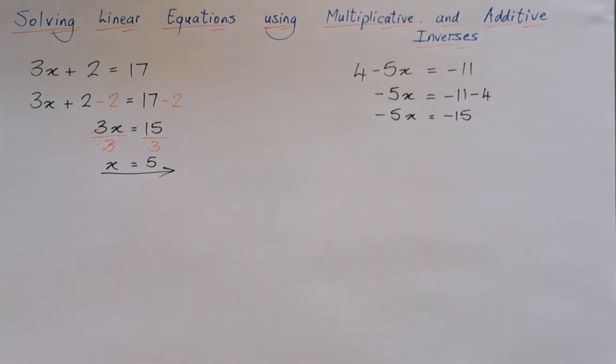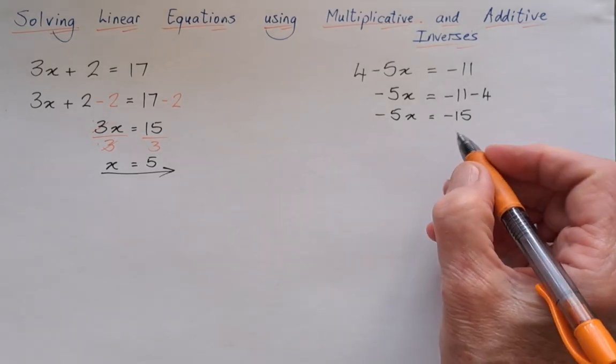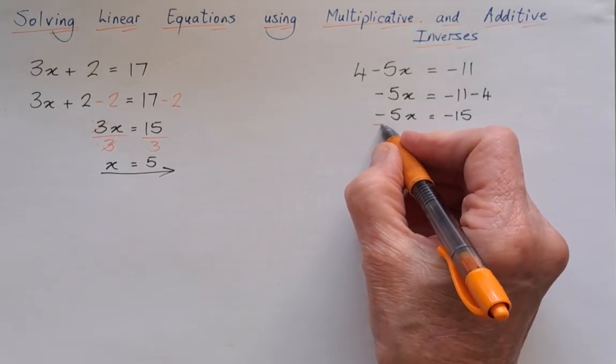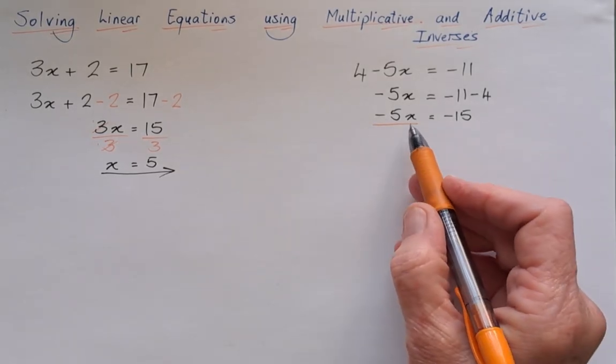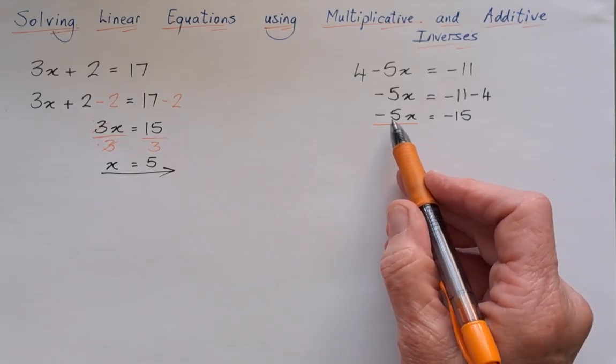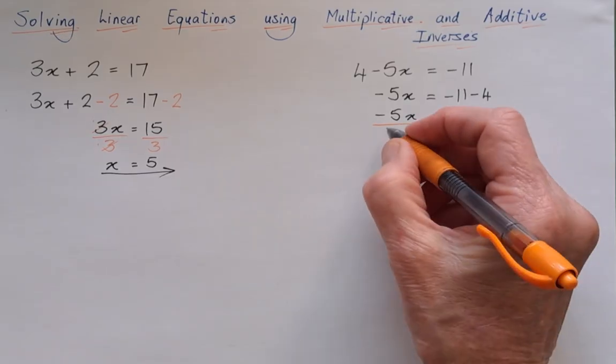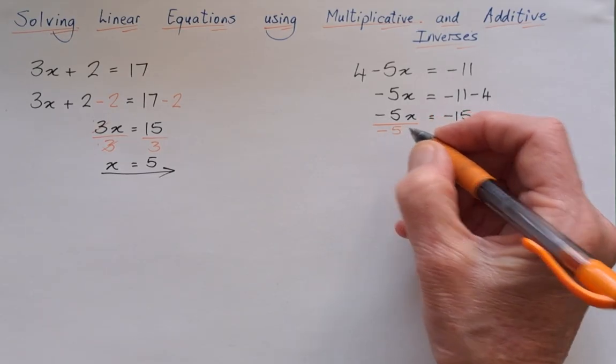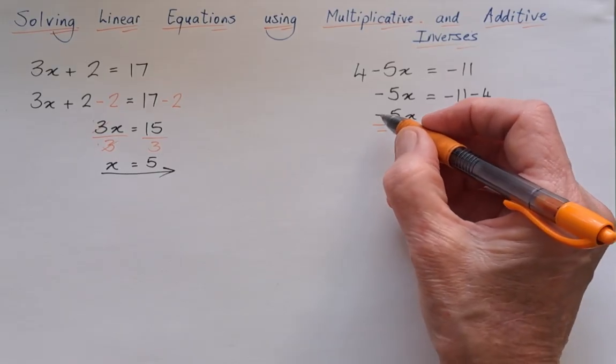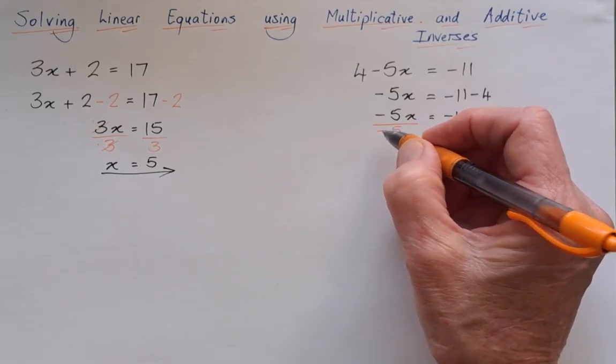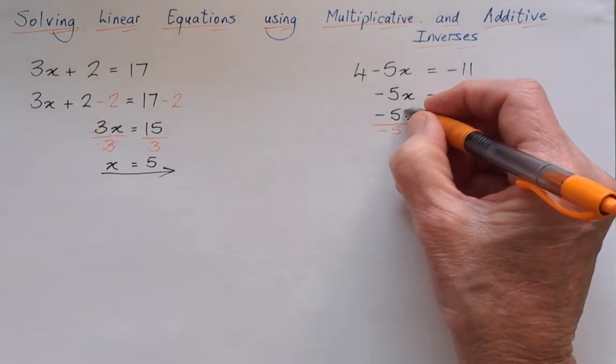Let's keep doing this at this stage because we've only looked at it in this episode. So I have to divide by whatever the coefficient of x is. And if the coefficient of x is a negative number, I have to divide by a negative number, because negative divided by negative will give me positive, and 5 goes into itself.